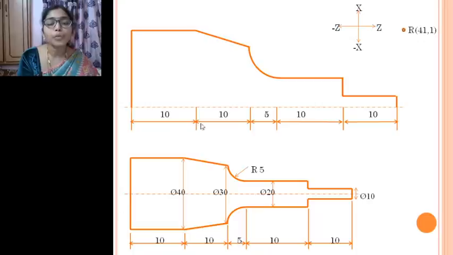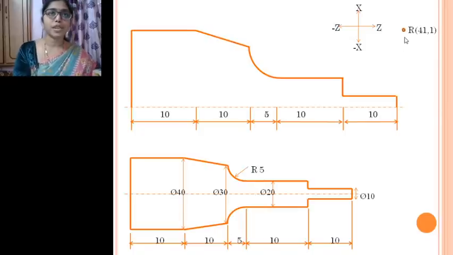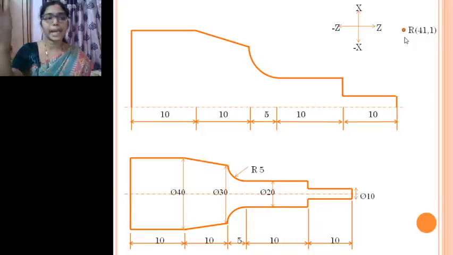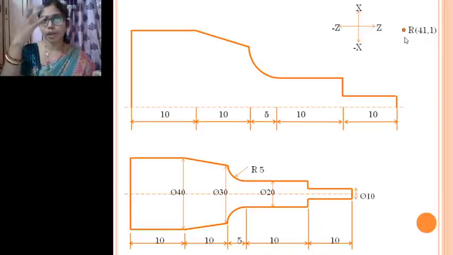So to start any program, we first need to know the reference point. Wherever the tool might be, present anywhere in the circumference, first we have to come to a reference point.